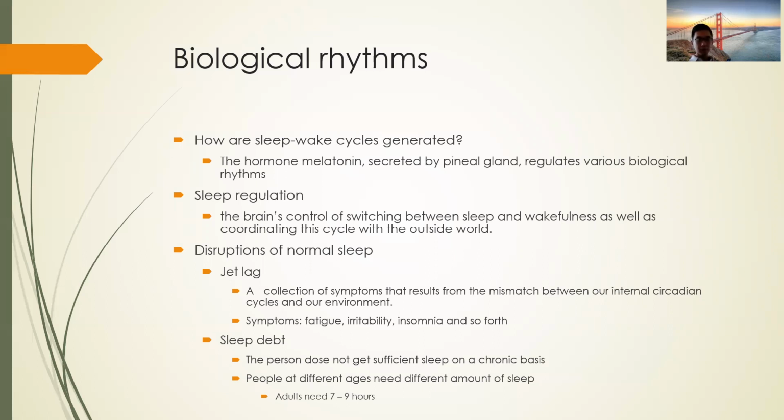So there are a lot of symptoms, such as fatigue in the daytime and insomnia at night, because in the old time zone that's daytime, but in the new time zone that is night. There is a mismatch between the internal circadian cycle and our environment. In the new environment, the sleep-wake cycle is different from our internal circadian rhythm. So that's why people have jet lag.